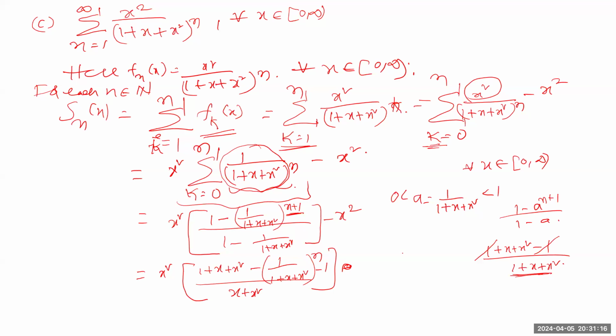When we are taking the minus 1, here is LCM. I am going to take LCM for this one. That is x square times 1 plus x square minus 1 over 1 plus x square to the power of n minus x plus x square over x plus x square. What happened here? Minus x square. So plus x minus x square cancel.